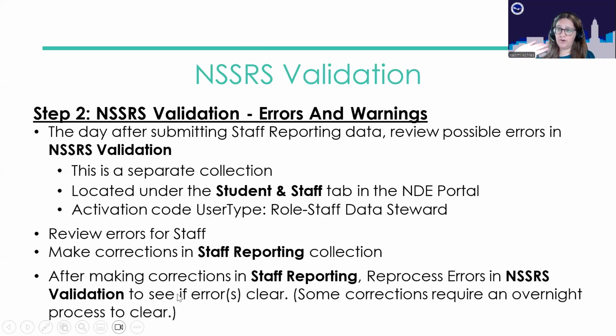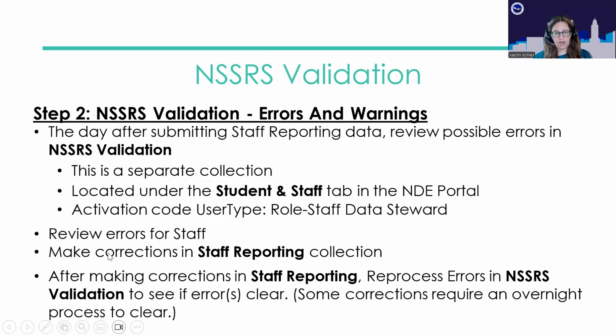Once you've done that, you're going to go to a second, totally separate collection. It's called NSSRS validation. And once you add this collection to your account, you have it every year moving forward. When you do add it, we recommend adding the activation code for the role staff data steward, because that gives you the staff information to review and analyze.